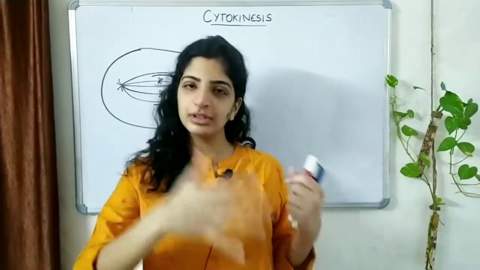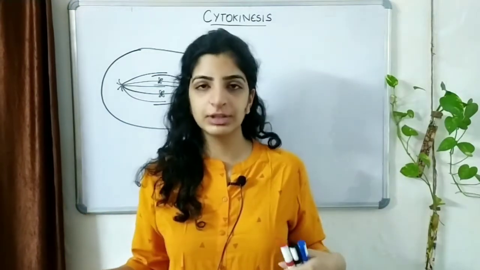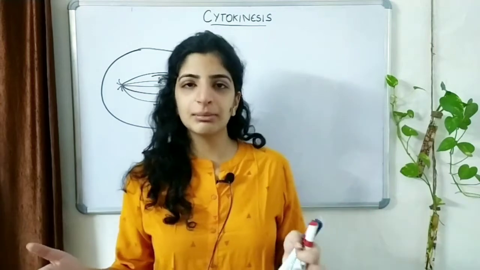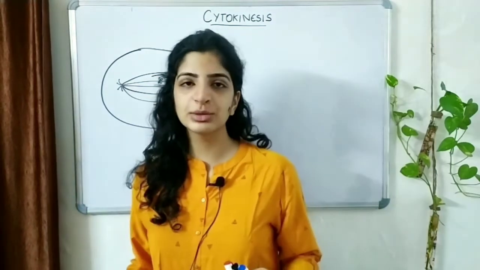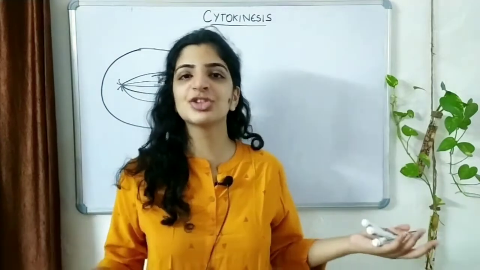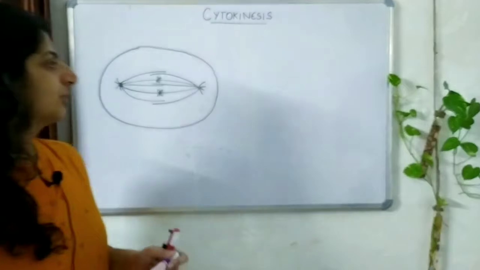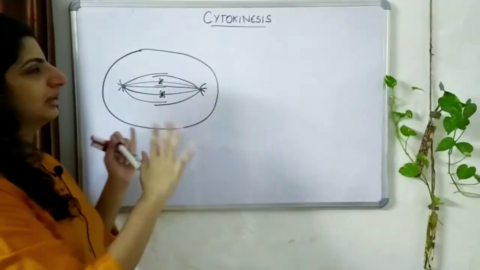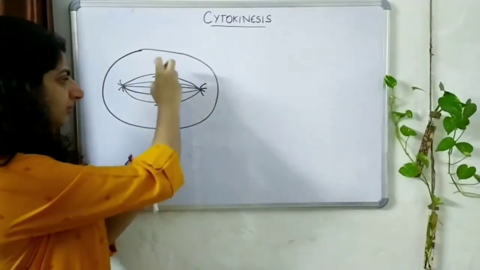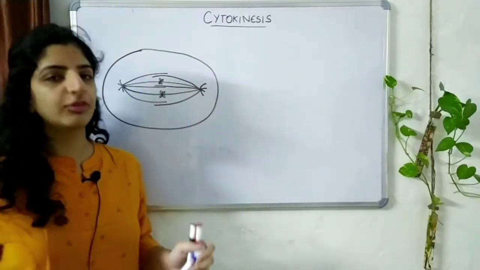develop some new technique, some different mechanism than the animal cell to divide. Cytokinesis starts somewhere in the late anaphase and ends with the telophase. Now this is variable. This can change from cell to cell, but it's more or less the average duration that cytokinesis takes. If you remember, during the anaphase, our cell looks somewhat like this. The chromosomes have aligned in the middle and they are starting to move away from each other.